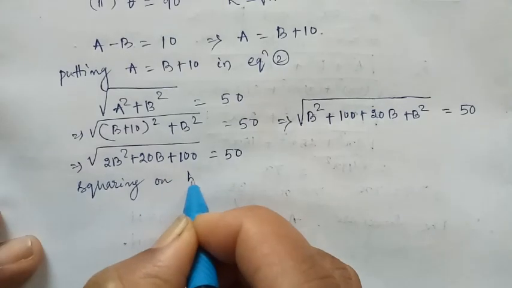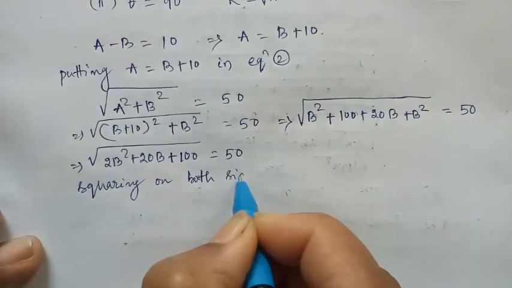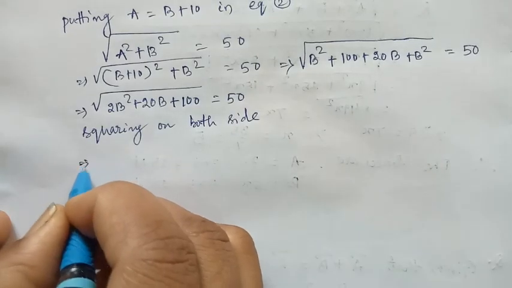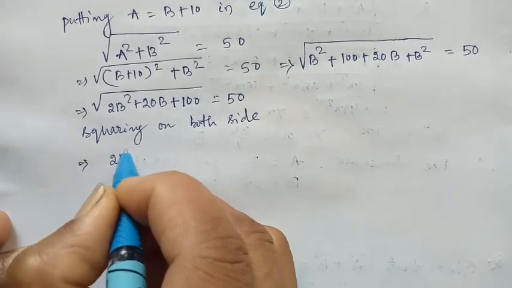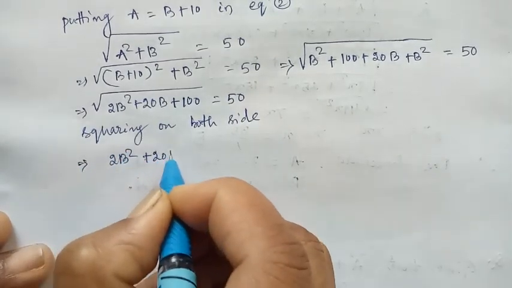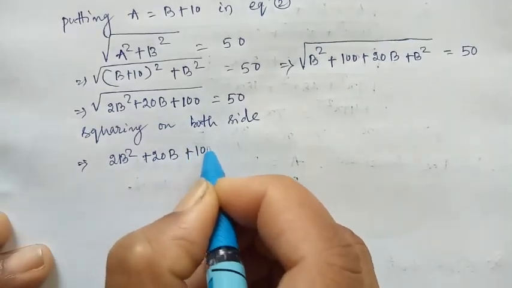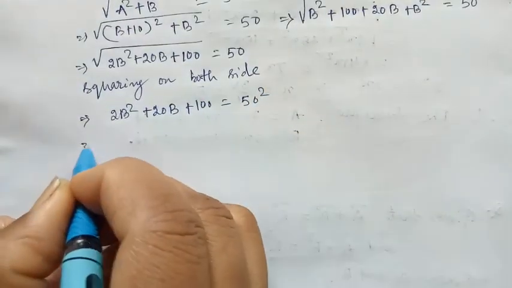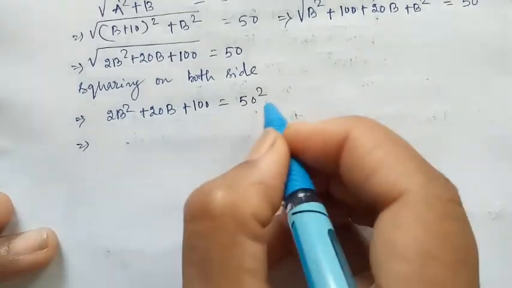Squaring on both sides, it is how much? 2B square plus 20B plus 100 is equal to 50 square, which is 2500.